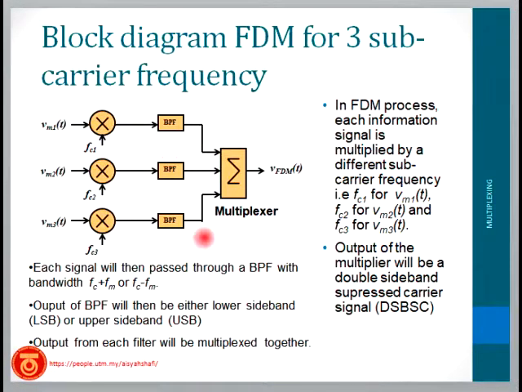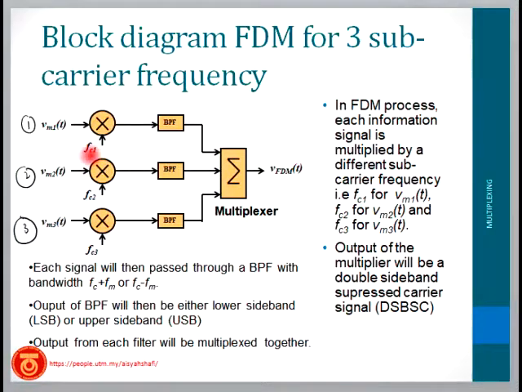For example, this is the block diagram of FDM for three subcarrier frequencies. We have the first signal, second signal, and third signal, and each signal is multiplied with a different carrier frequency.